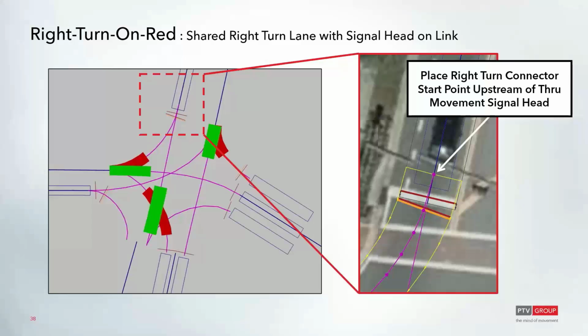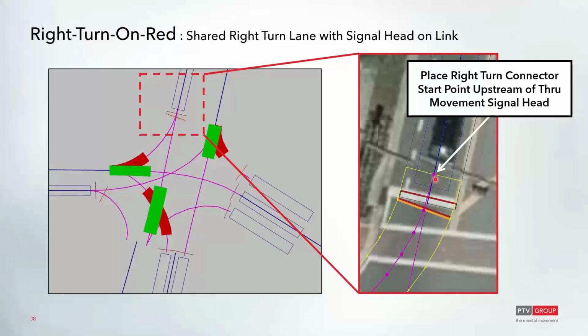And what's going to happen in this case is that any of the right turn vehicles, when they're traveling here, are going to jump onto this connector and they will avoid this through signal head. So they'll jump on this connector and then they'll be able to see their right turn signal head and right turn stop sign.